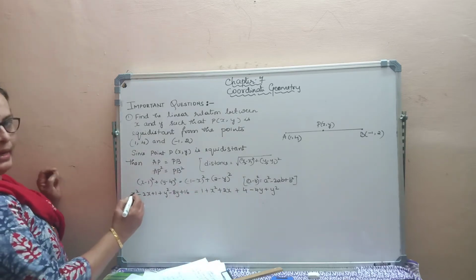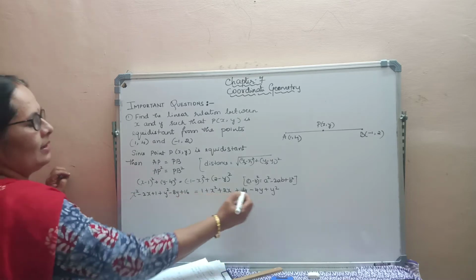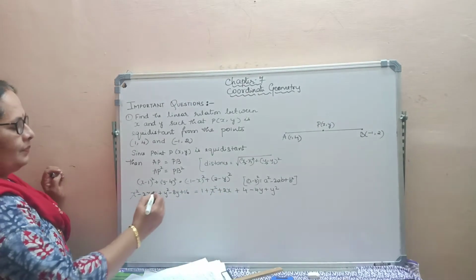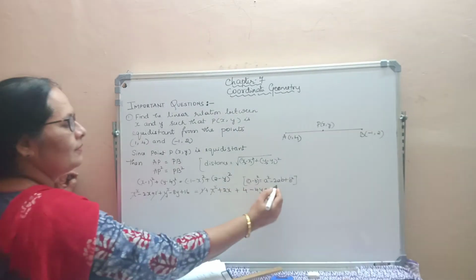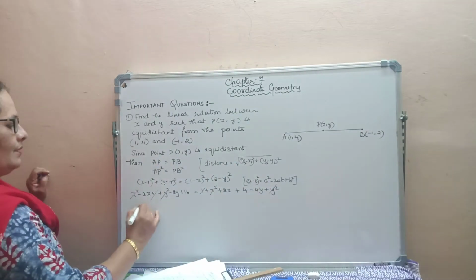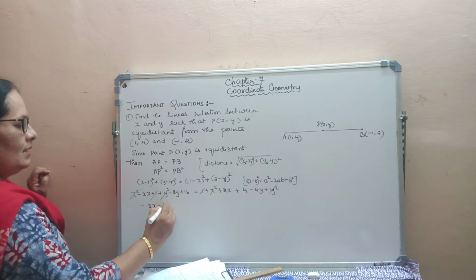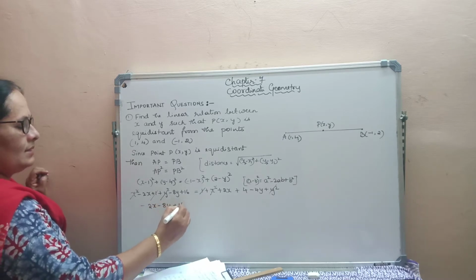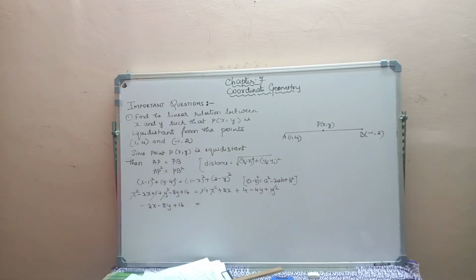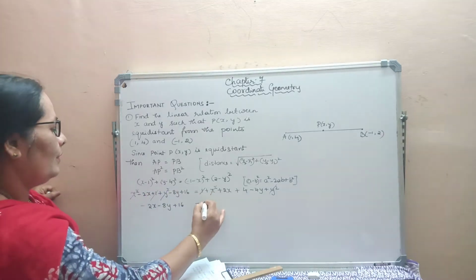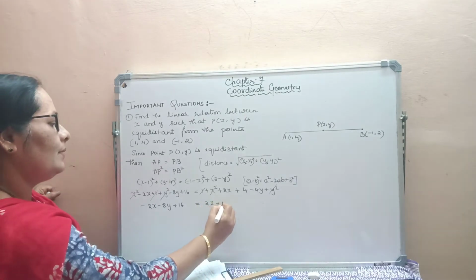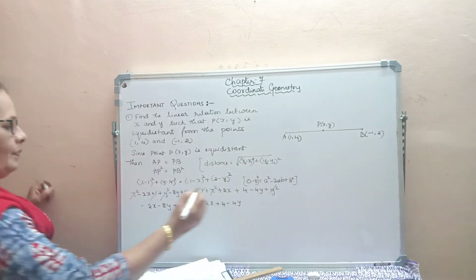Now simplify on both the sides. X square and x square get cancelled. 1 cancels here. Y square also cancelled. So we get minus 2x minus 8y plus 16 equals 2x plus 4 minus 4y.